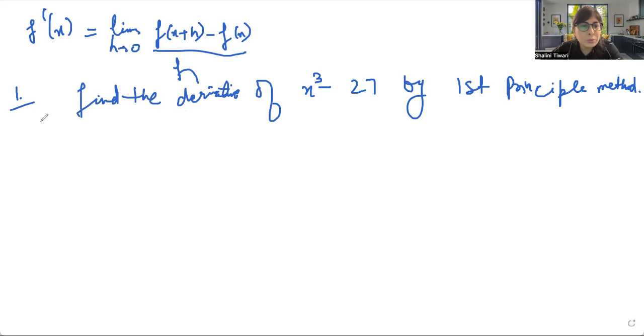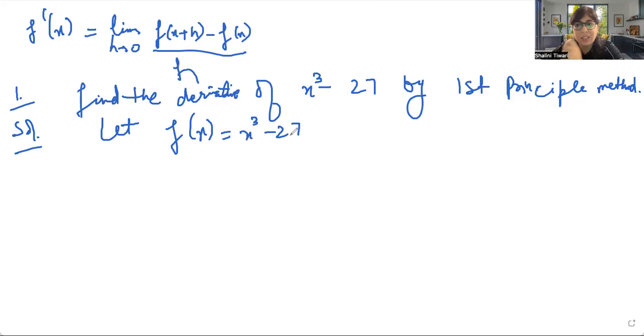In the starting, first we need to let the function y equals, or you can take it as f of x, it will be easier. f of x equals x cube minus 27, where x is an independent variable. X is the operator on which we are doing the differentiation.